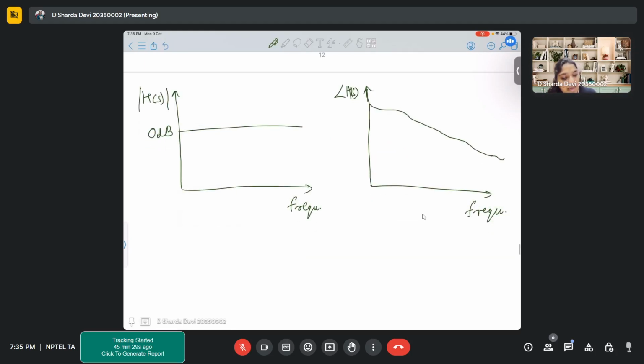These two are the phase and frequency response of your circuit. Can you say what type of functionality this circuit performs?